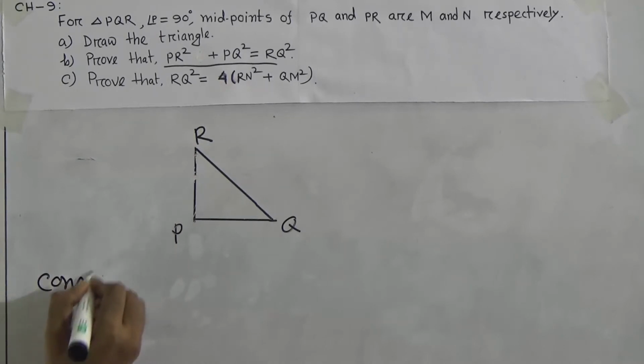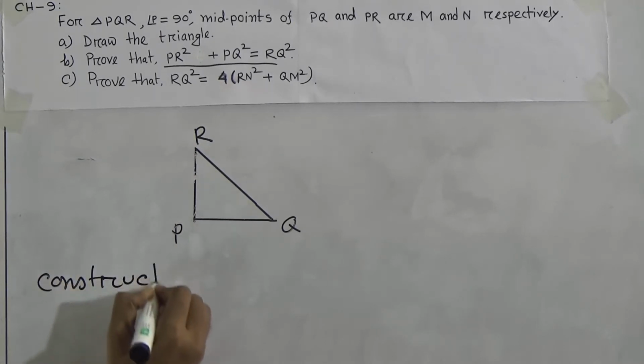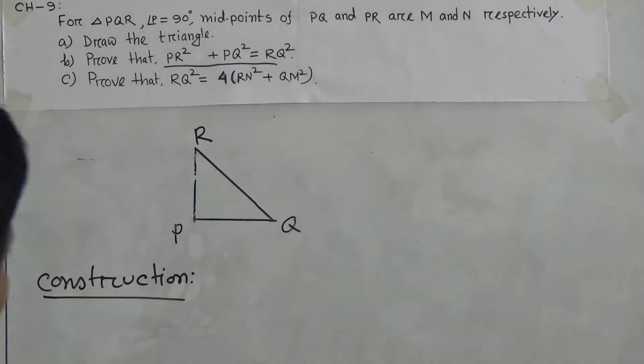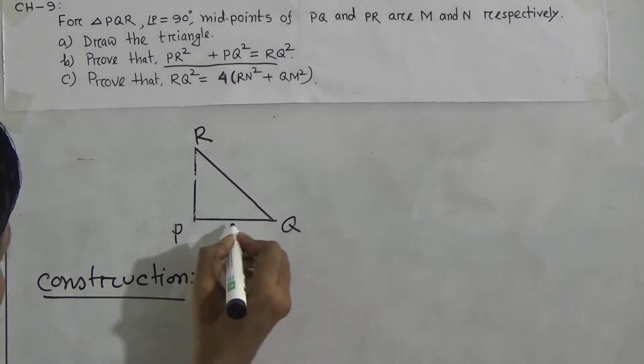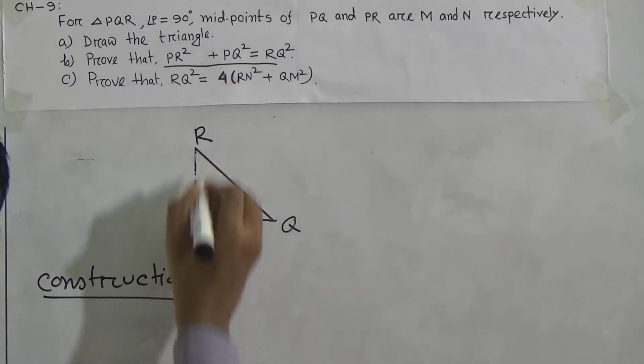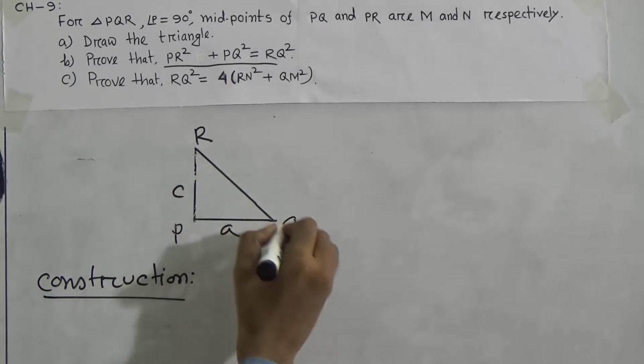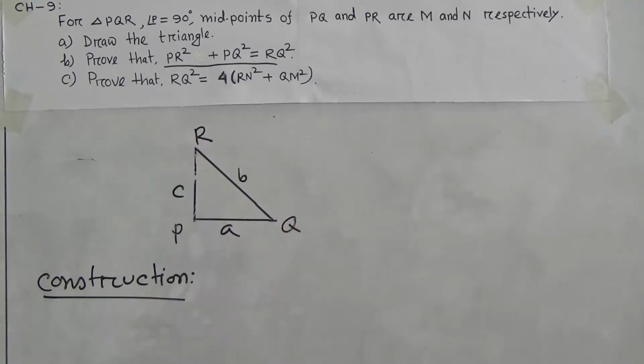Construction. Let PQ equal to A, RP equal to C, and RQ equal to B. Okay.